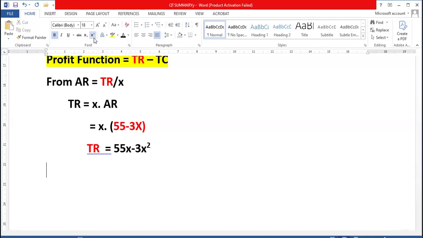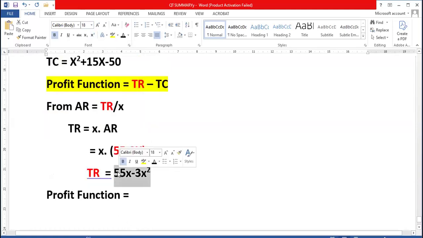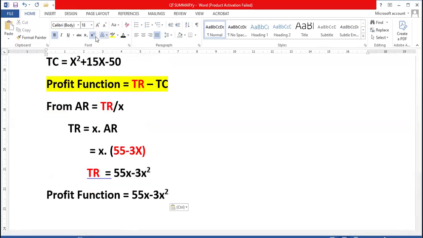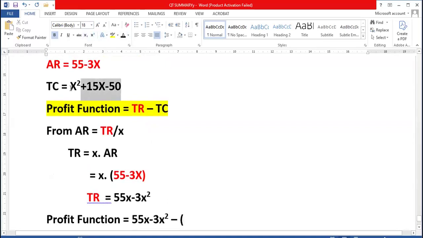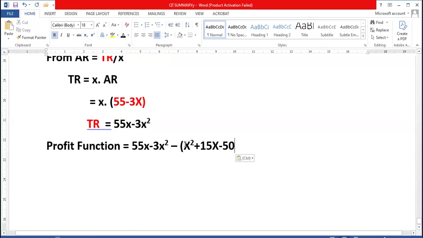Now, since I have total revenue, I can get the profit function, which is equal to total revenue minus total cost. Where there is total revenue, I put this function. Then minus, and when you say minus, open the bracket for the total cost.